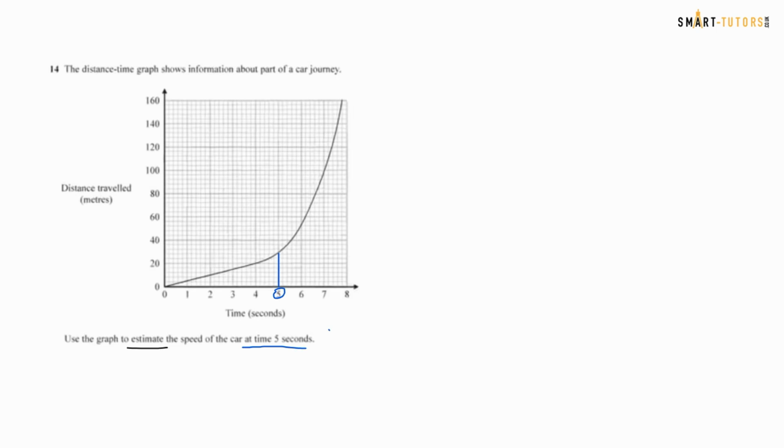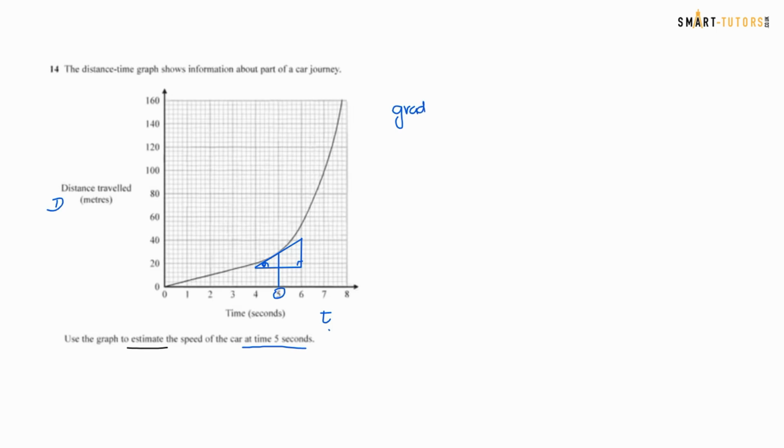So all you need to do is construct a tangent at the point. So I have drawn a right angle triangle. It's easy to find the gradient, right? The distance traveled is d, and t, so it's a d-t graph.